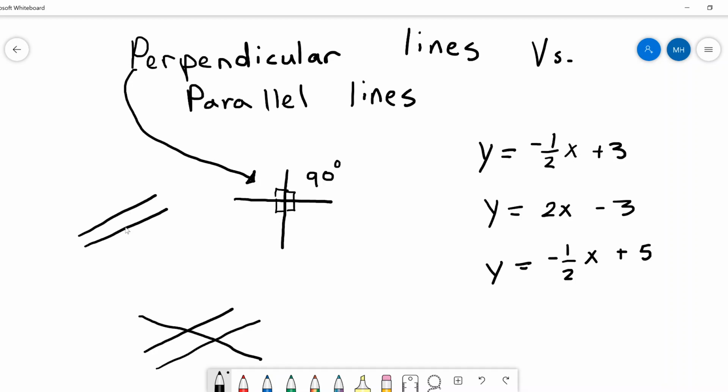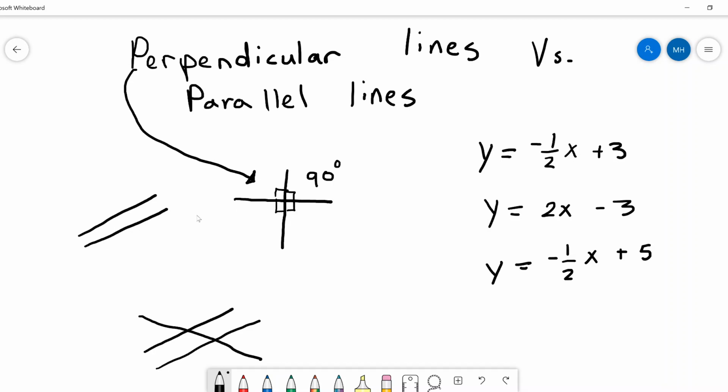Next is going to be parallel lines, which never intersect. If you imagine infinite lines, like we talked about in earlier lectures, these will never intersect, and they'll basically follow each other throughout the plane that you're looking at.